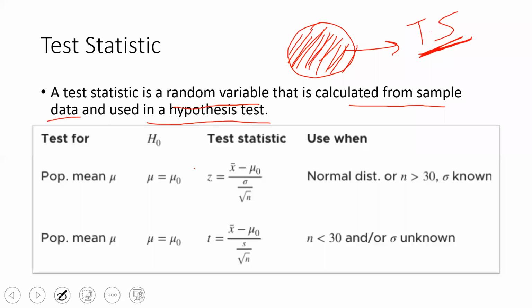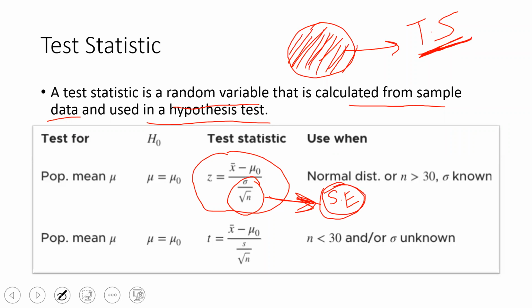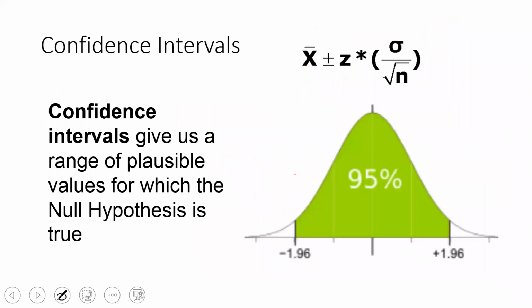This is the formula for the test statistic: x bar minus mu whole upon sigma by root n. What is this sigma by root n? We just saw, this is the standard error. And this t means if we are using the t distribution: if n is less than 30 then we use this formula, if n is greater than 30 then we use this formula. So this is our test statistic.